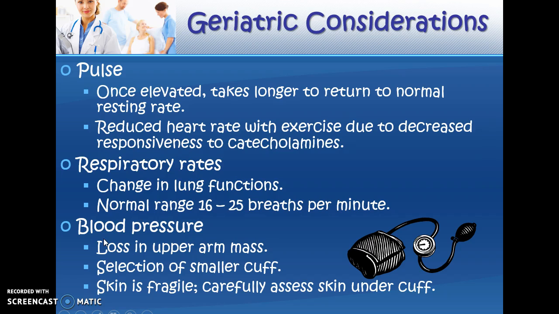You want to make sure that you are palpating for the systolic and not pumping that cuff up any higher than you absolutely have to, because you can damage the skin, you can bruise them. So you need more frequent assessment under that cuff or rotation of blood pressure sites in order to not do damage and bruise them.